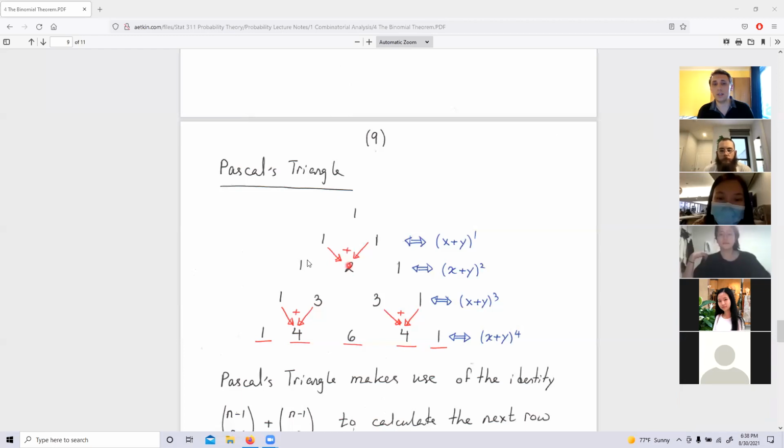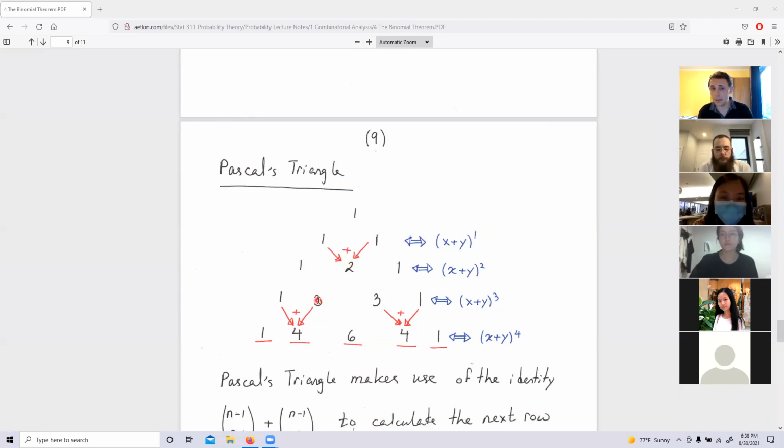So how do I obtain, let's say, 2 choose 0? It's very easy, right? 2 choose 0 is just 1. What about 2 choose 1? It's also very easy. 2 choose 1 is 2, right? But let's say I want to calculate it in terms of even simpler coefficients. So 2 choose 1 is the same as 1 choose 0 plus 1 choose 1.